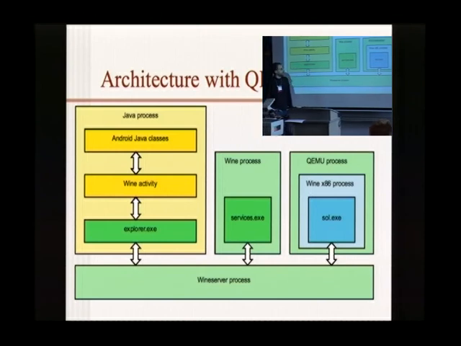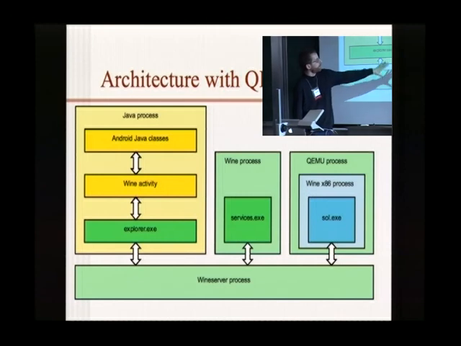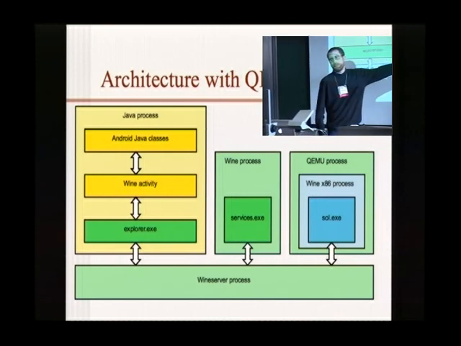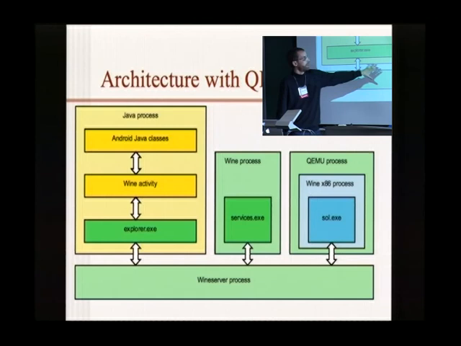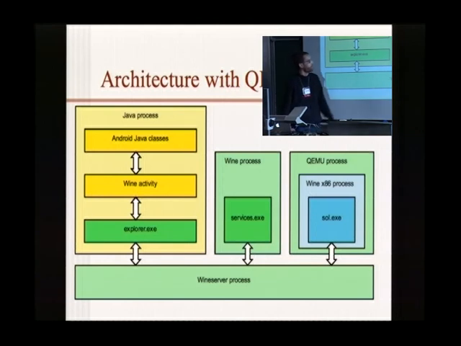So the advantage here is that, of course, you get much better performance because everything apart from the wine binary is running natively. The wine server in particular is running natively, so you get full speed there. All the window management is running natively. You get the full speed here. So basically you have only one small, or not so small, depending on what you run, QEMU process.